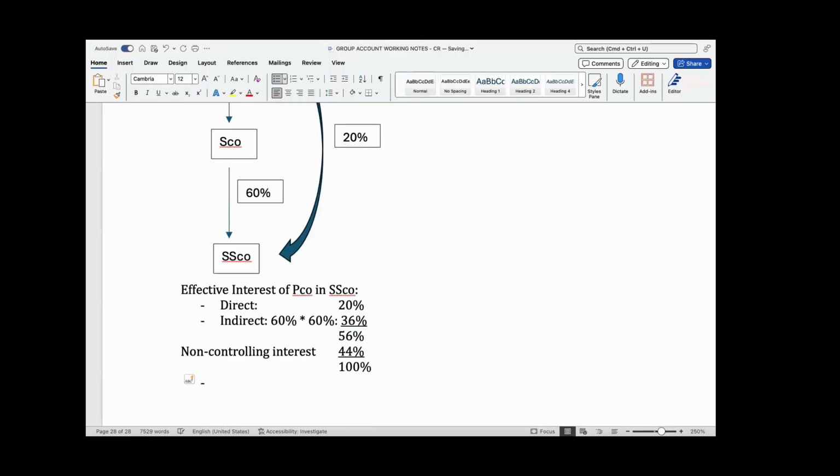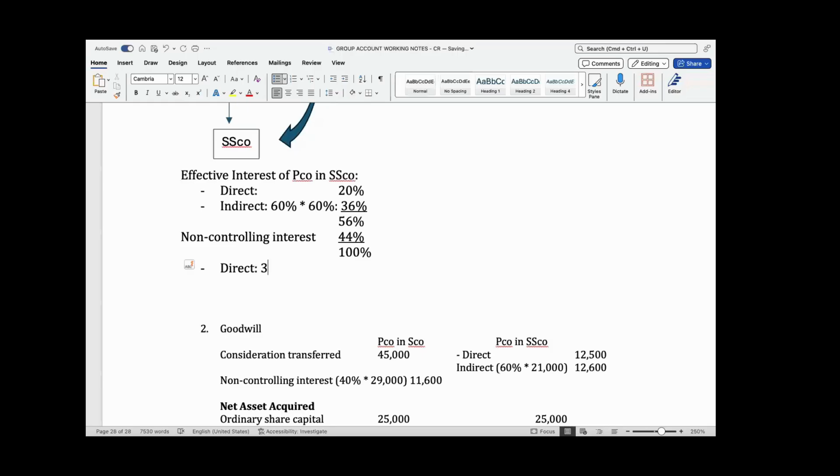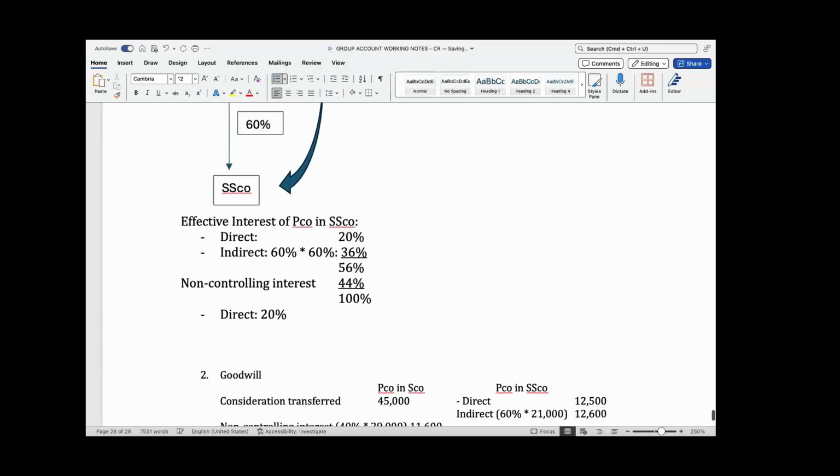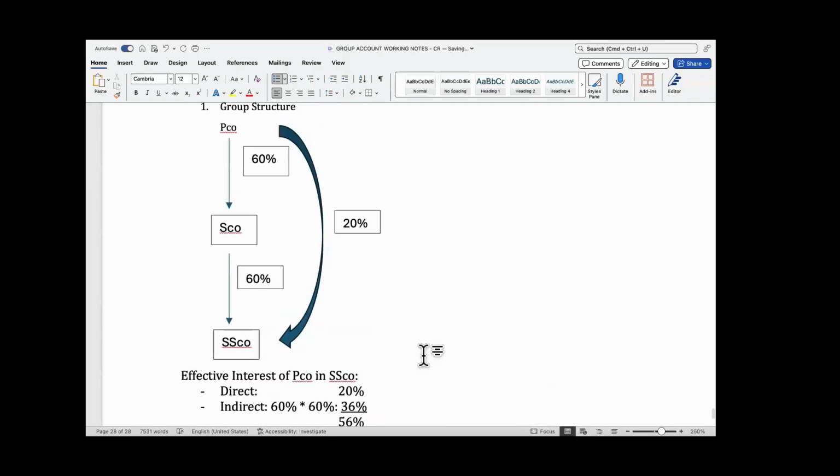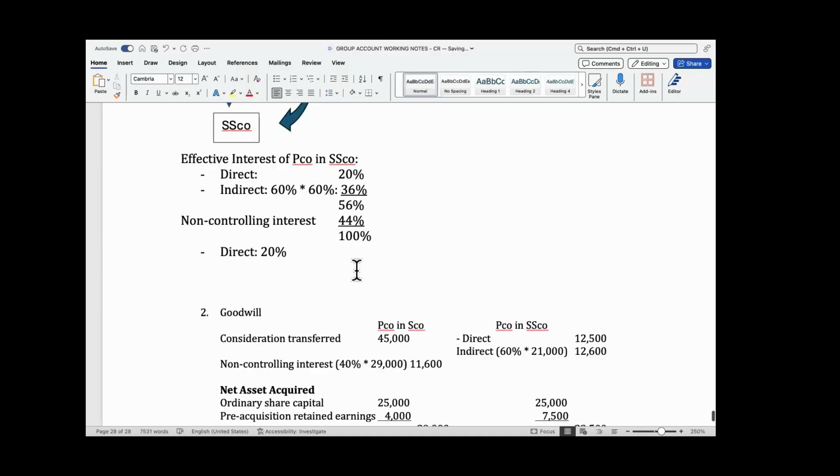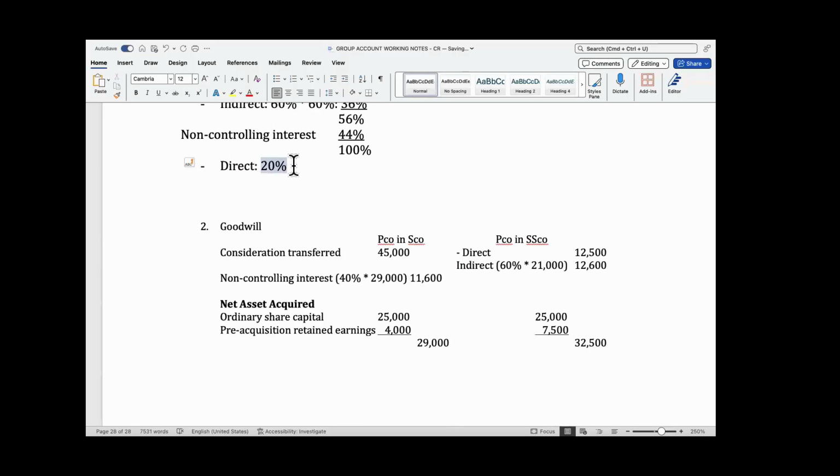You see, this 44%, you don't need this at all in the exam. It also comprises direct and indirect. The direct is 20. And how did I get the 20? Since the parent has 20% direct in SSCO, and ESCO has 60% in SSCO, the remaining 20% belongs to NCI.